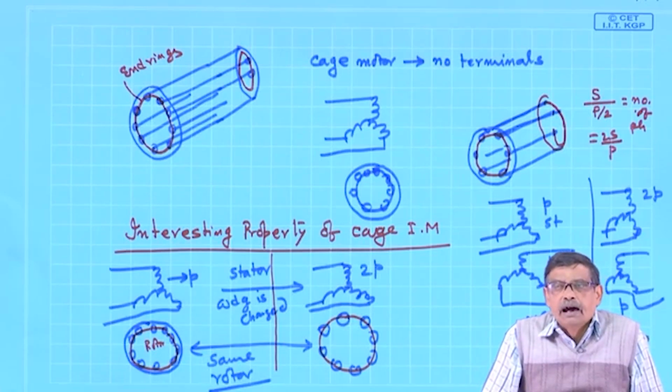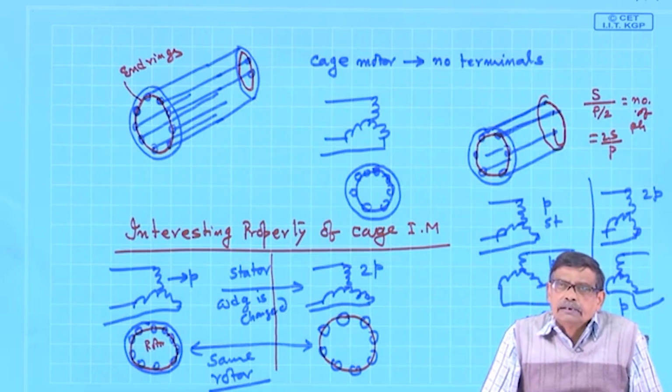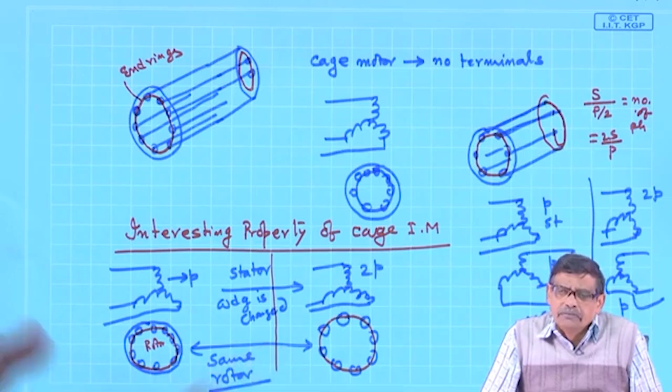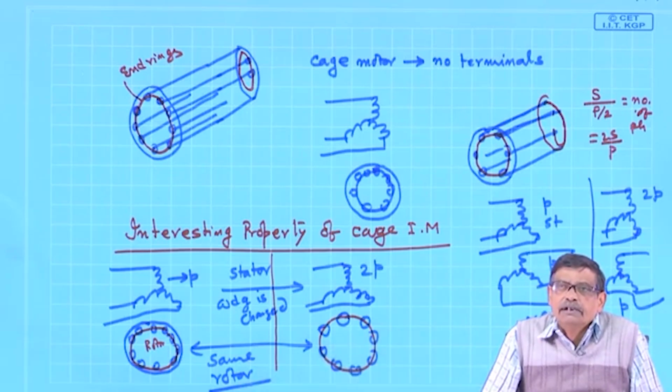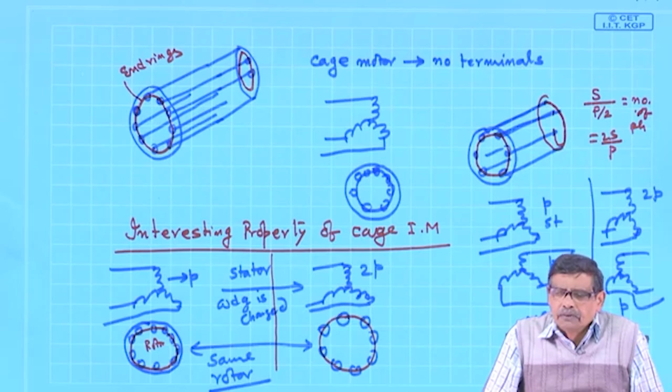In fact, as I told you, an induction motor may be considered roughly a constant speed motor like a DC shunt motor, because variation of speed from no load to full load is only very little. If it is a 4-pole machine, synchronous speed is 1500 rpm, therefore variation of speed will be little.